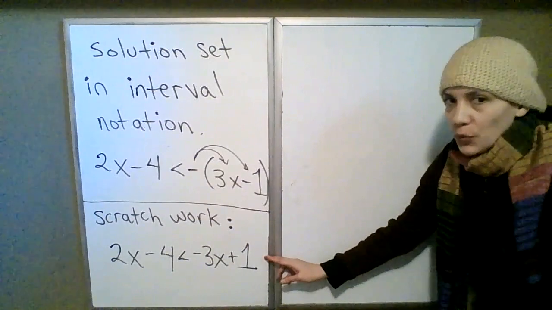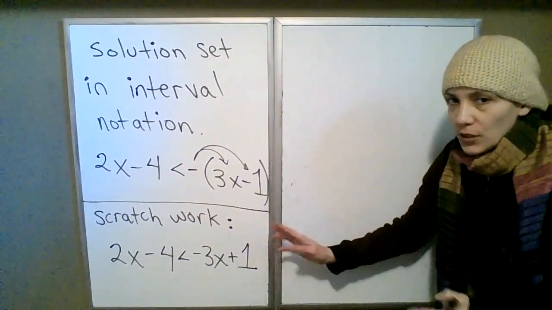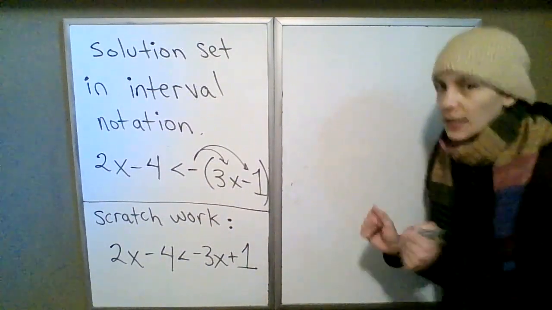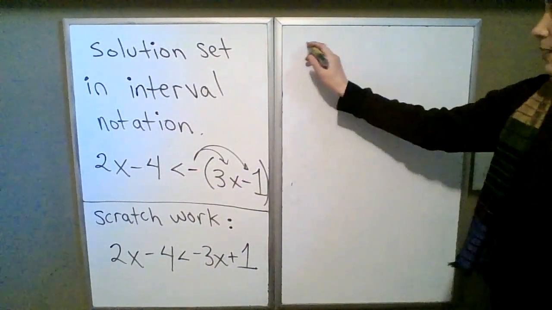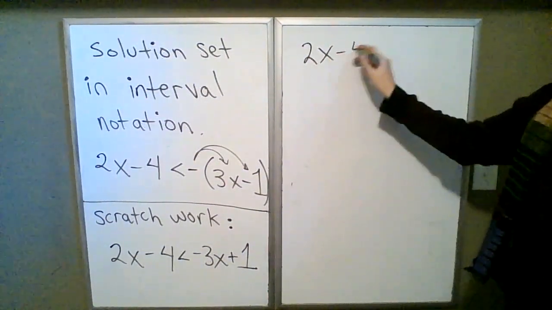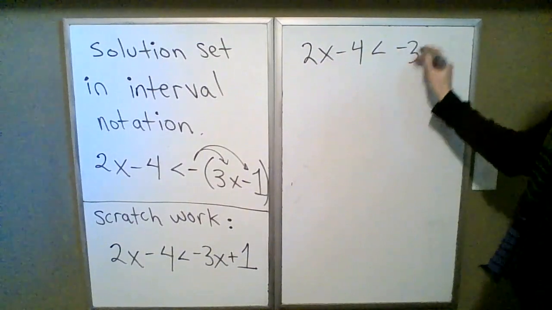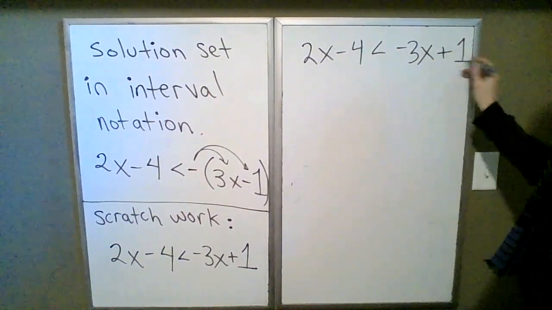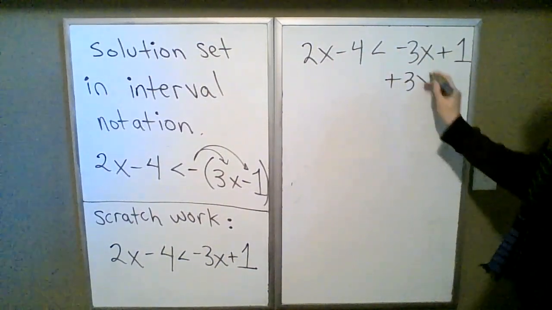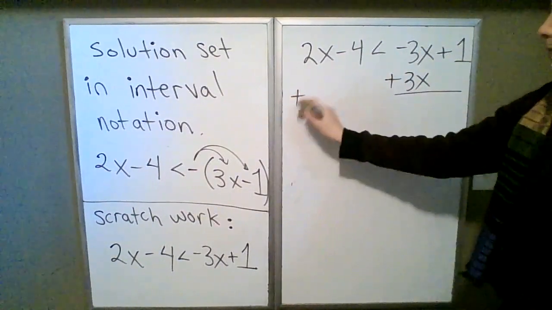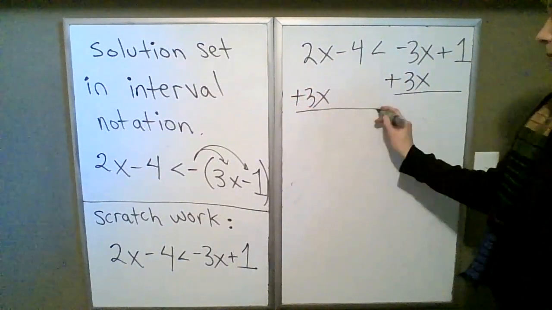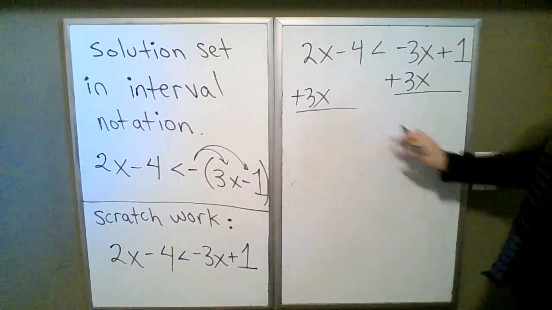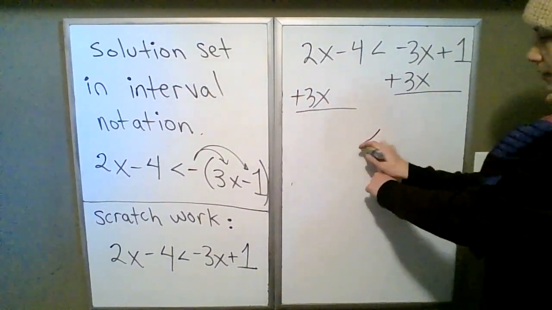Okay, and we want one value of x. So we could add 3x to each side and take care of that. Okay, we're just copying this.